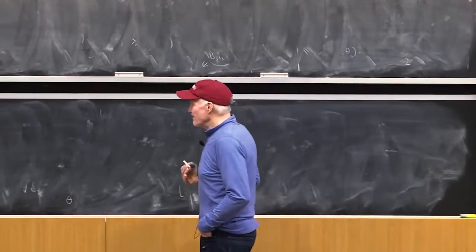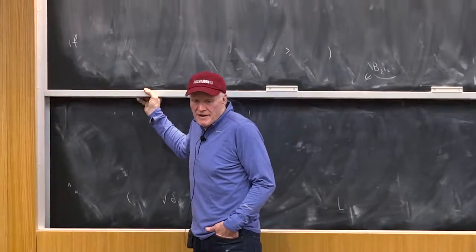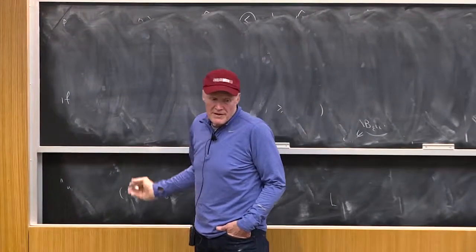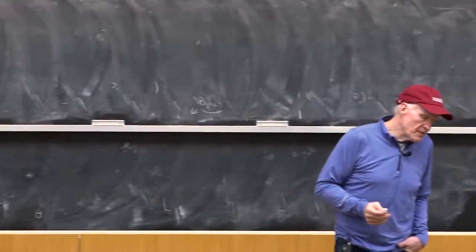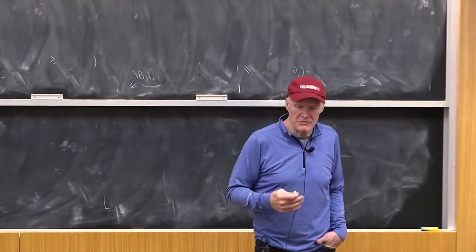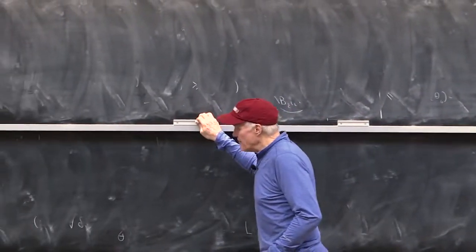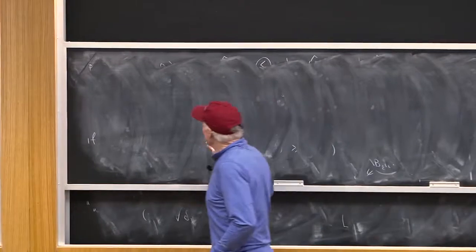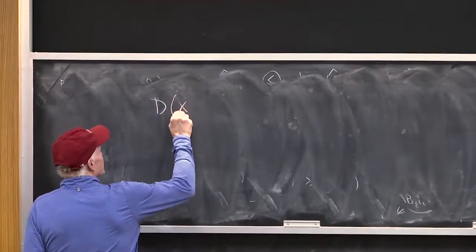And for a lot of purposes, it can be useful to take what would be a competitive equilibrium problem and translate it into a maximization problem. And the simplest way to think about doing that is if you had a demand function, d of x, right?